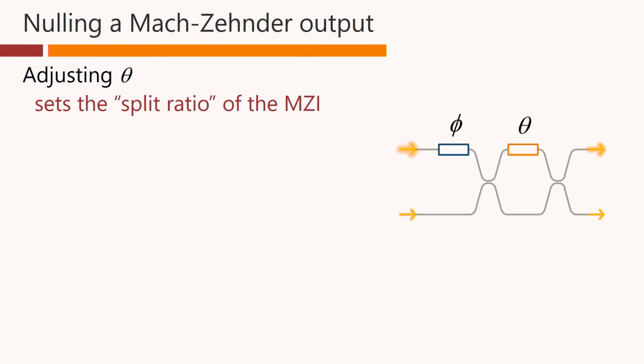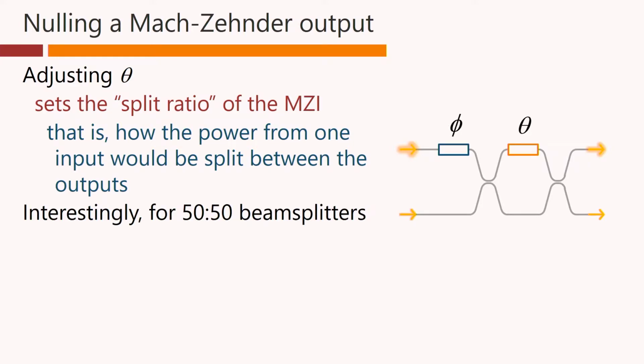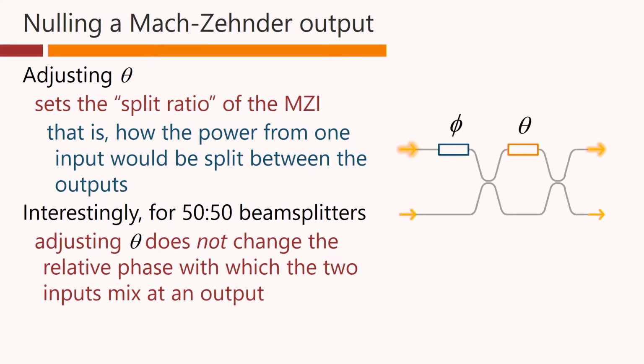Adjusting theta sets the split ratio of the Mach-Zehnder, that is, how the power from one input would be split between the outputs. Interestingly, for 50-50 beam splitters, adjusting theta does not change the relative phase with which the two inputs mix at an output. That is controlled only by phi.